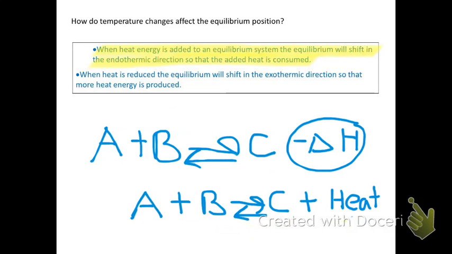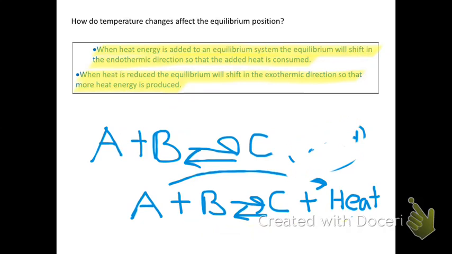So the equilibrium is going to shift to the side that produces more heat energy to raise the temperature. So it's going to shift in the forward direction in this case, or what we would say the exothermic direction. So as stated above, when we reduce the heat energy, the equilibrium will shift in the direction to produce more energy.